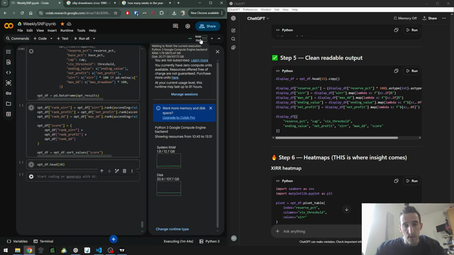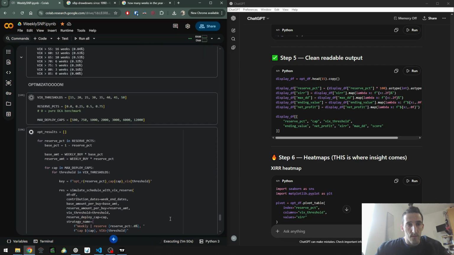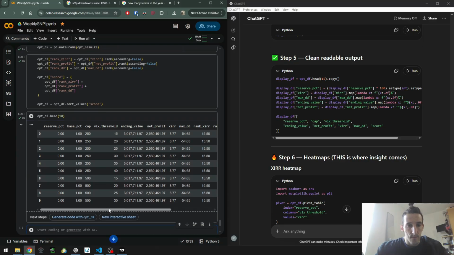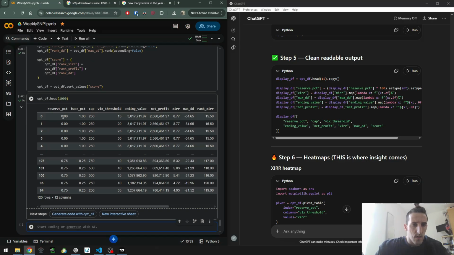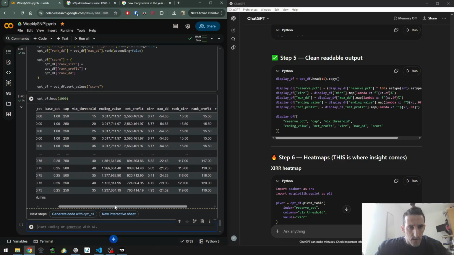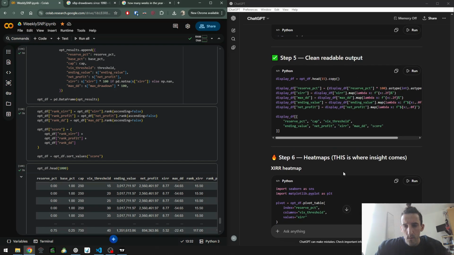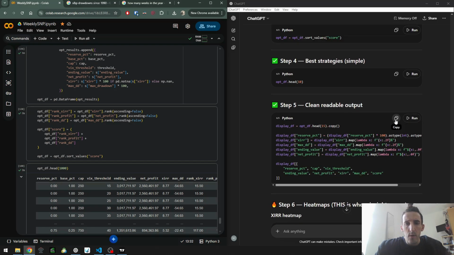This is cute. I've never used this before. Okay, okay. This, no. Give me first. 1,000 is a lot, but clean, readable output.